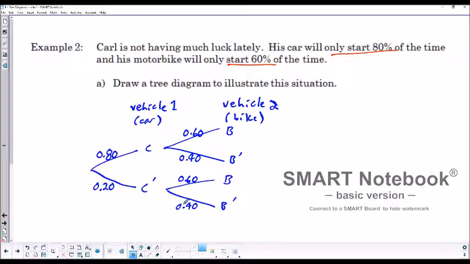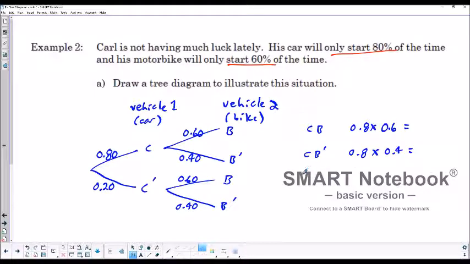Or even the probability of it starting or not starting. So then we've got car starting and bike starting, which is 0.8 multiplied by 0.6. We've got the car starting and the bike not starting, which is 0.8 and 0.4.